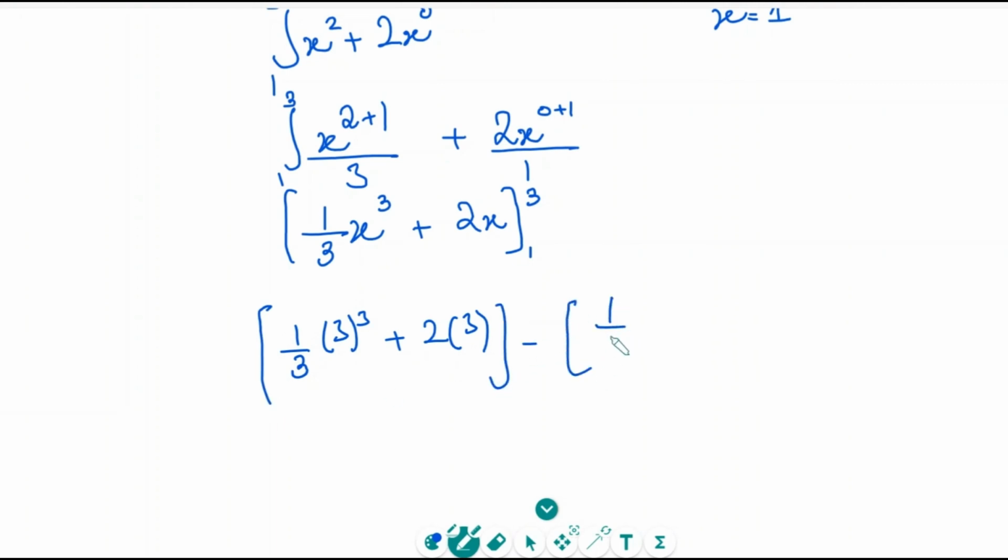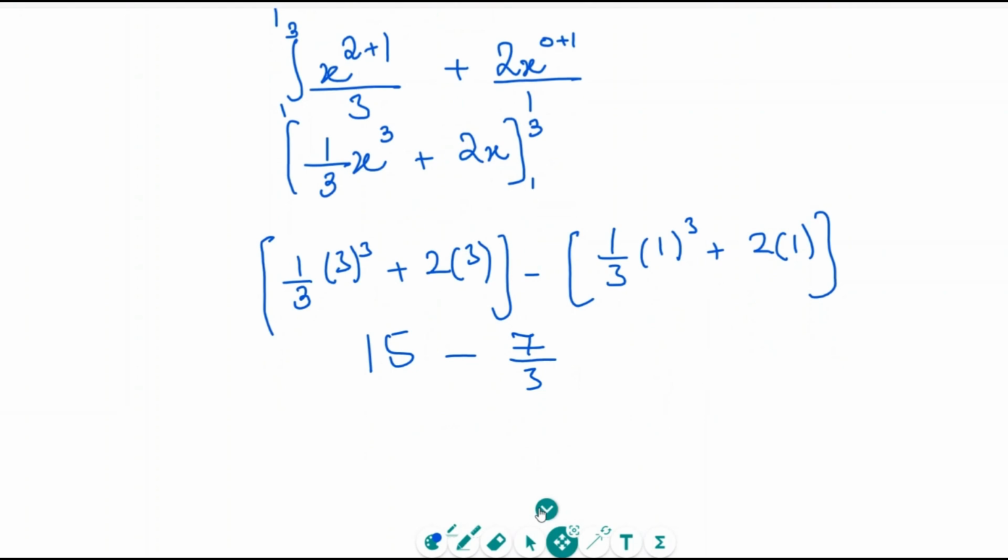So the same expression, I'm substituting the upper limit first, and then I'm substituting the lower limit. 3 cubed is 27, divided by 3 is 9. 9 plus 6 gives you 15, minus 1 over 3 plus 2. 1 over 3 plus 2 gives you 7 over 3. And 15 take away 7 over 3 will give you 38 over 3. And that is your answer.